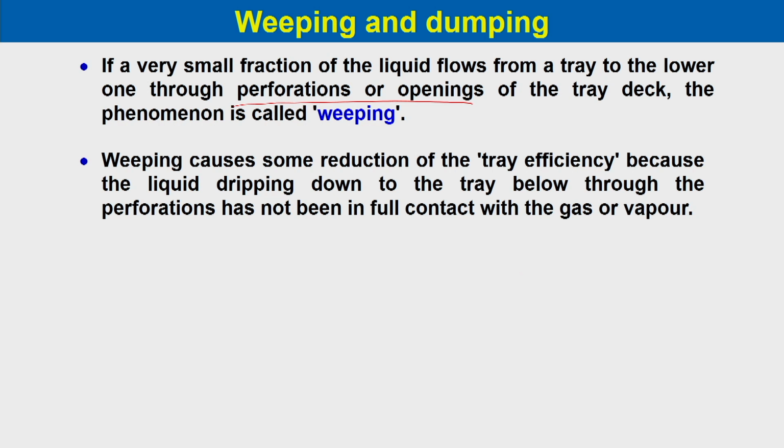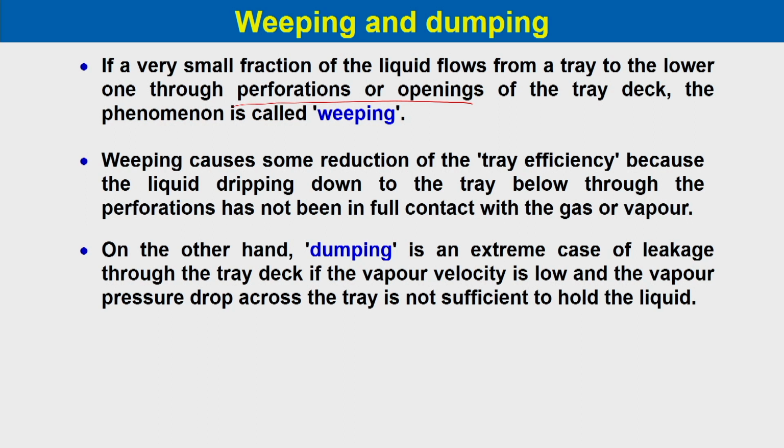So, the intimate contact due to the agitation of the liquid and vapor, which happens in a particular tray because of the hydraulic gradient it maintains, if it falls down through the openings of the pores, what will happen? The contact between the gas and liquid will not be so efficient. So, that is why it will reduce the efficiency of the tray performance.